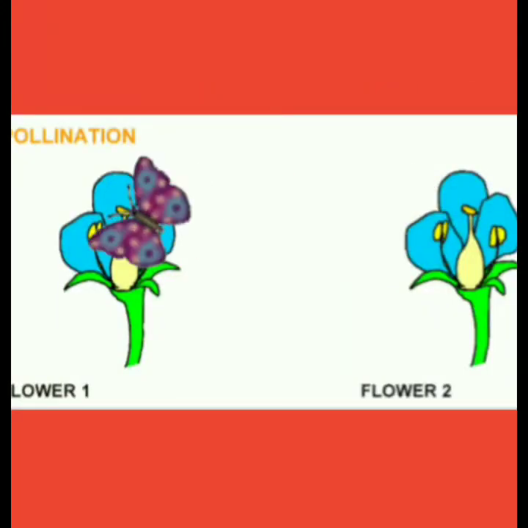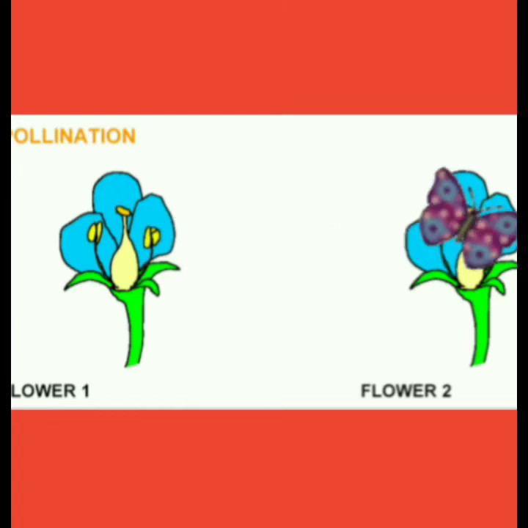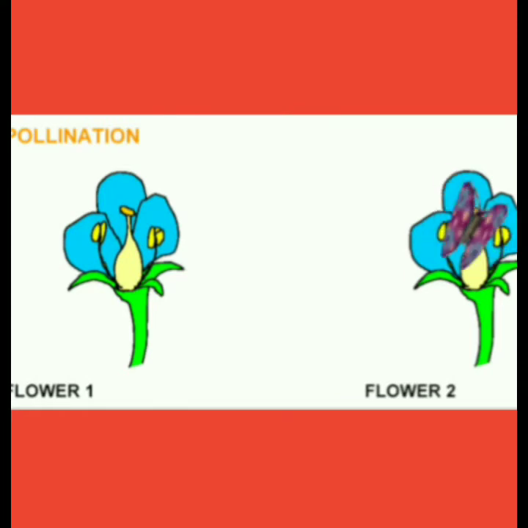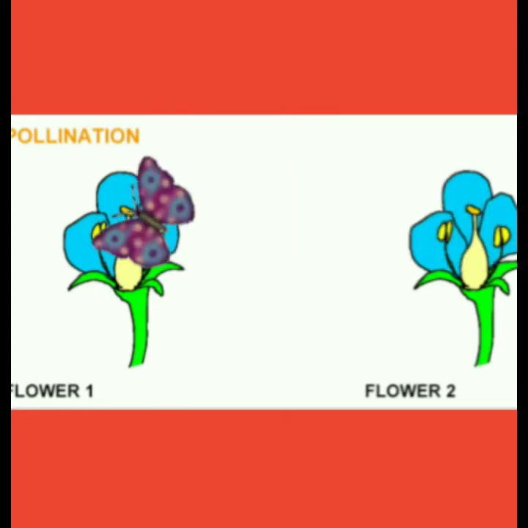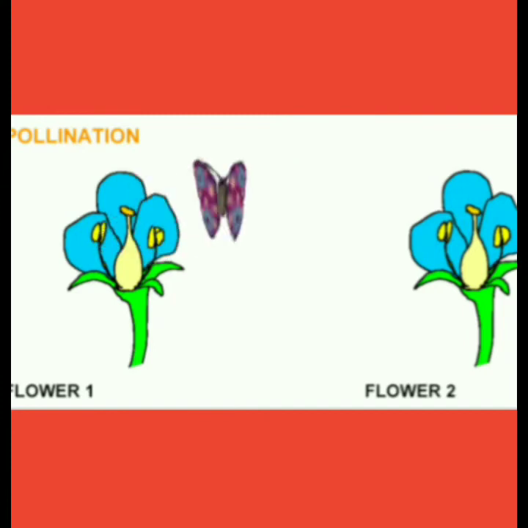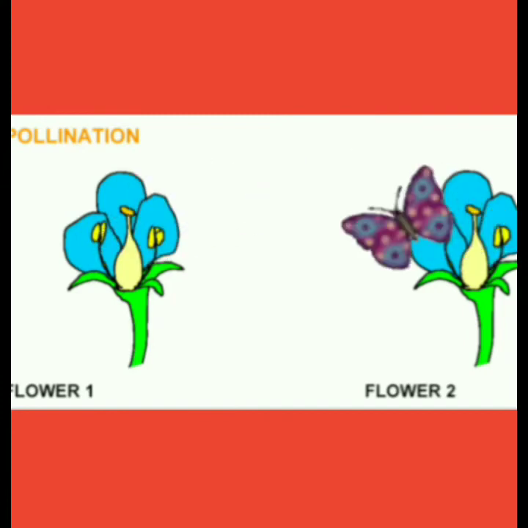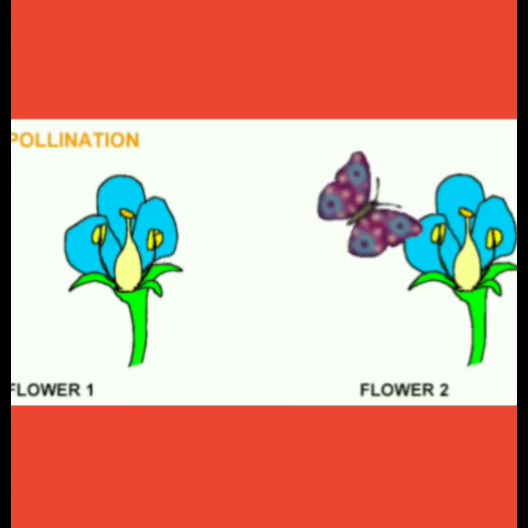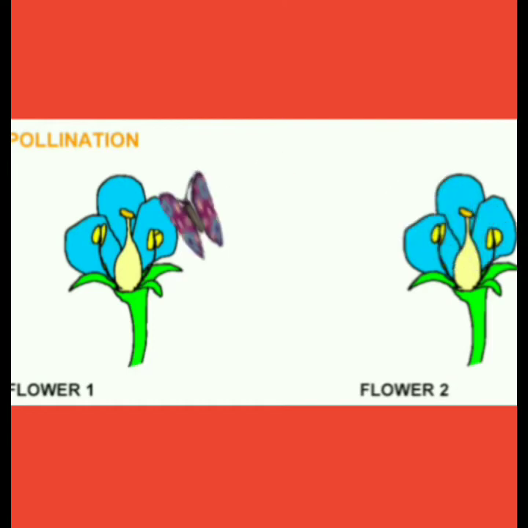When the insect moves to the stigma of a similar flower, the pollen grains fall on the stigma. As here you can see, this butterfly sucks nectar from flower 1, and somehow the pollen grains stick to its body as well as on its leg. Then this butterfly moves to flower 2, and the pollen grains fall on the stigma of flower 2.